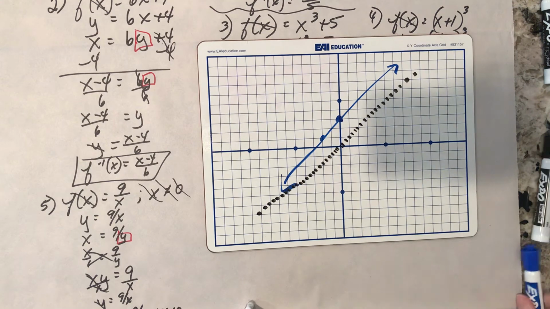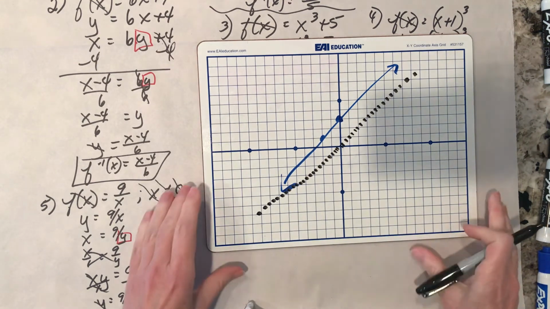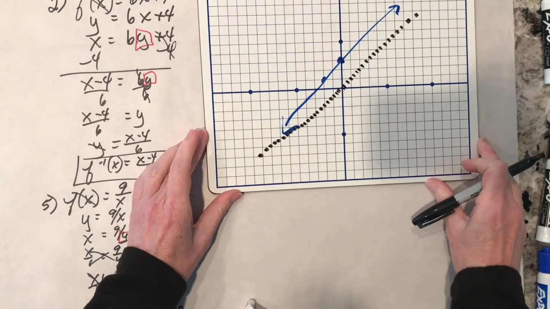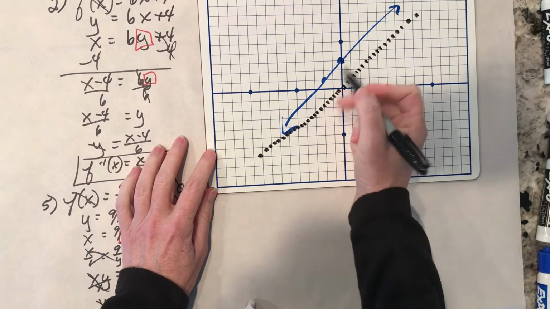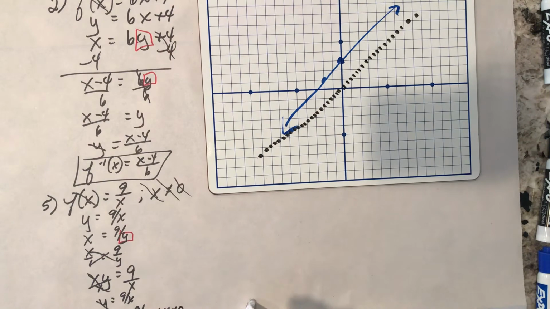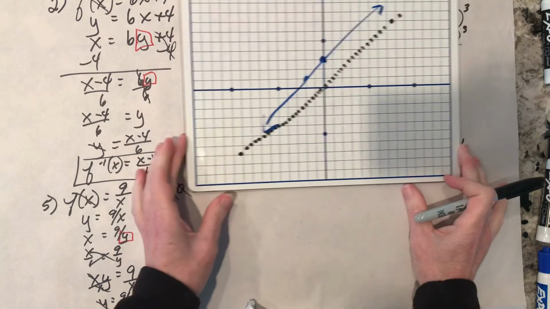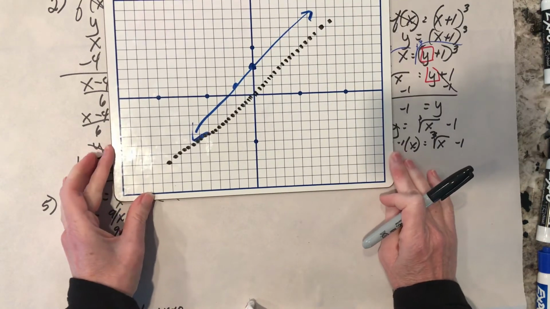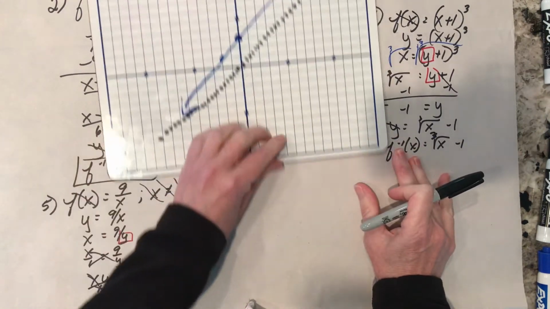The way to handle this, to me the easiest way by far, is to take these points and look at their inverses. Let me scoot this over a bit and do it up here.